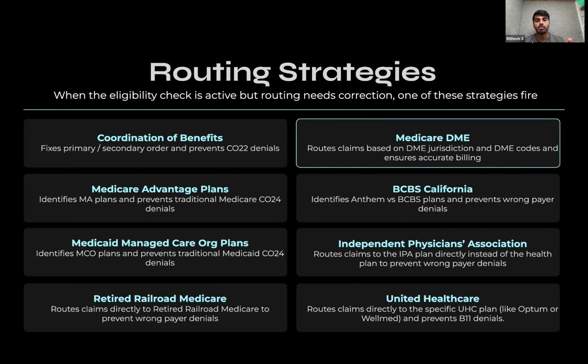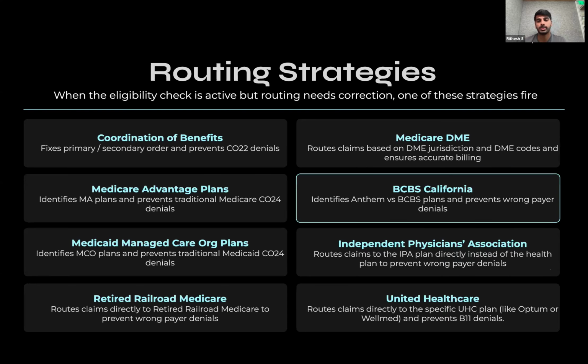So you need to route claims based on these two inputs. Our system now automatically detects these jurisdiction changes and CPT code changes, and we make sure that you're routing the claim to the right Medicare DME jurisdiction, and only the codes that are DME codes are routed there. The rest are routed to traditional Medicare. All of those guardrails are already baked into the system.